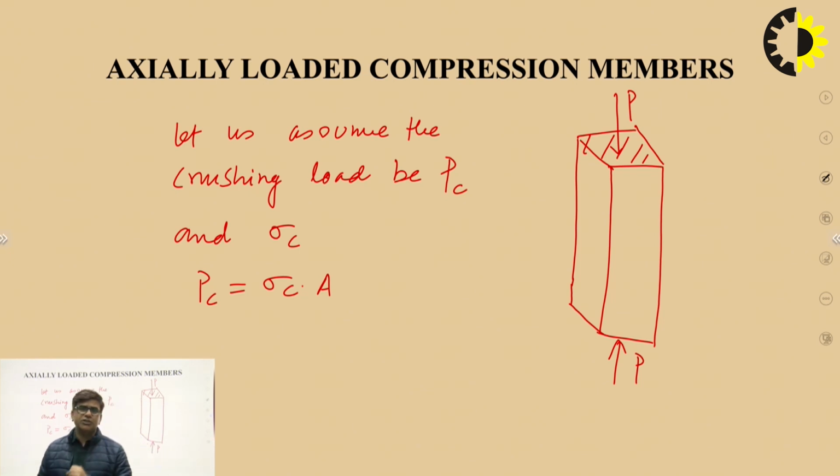The load at which buckling just starts is termed as buckling load or critical load or crippling load, and the value of the critical load or buckling load is less than the crushing load.